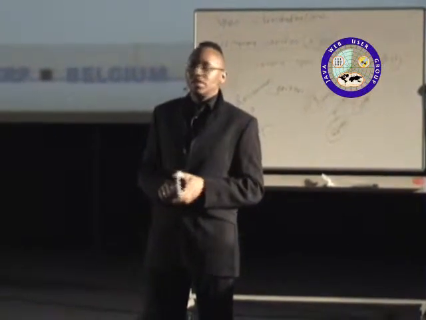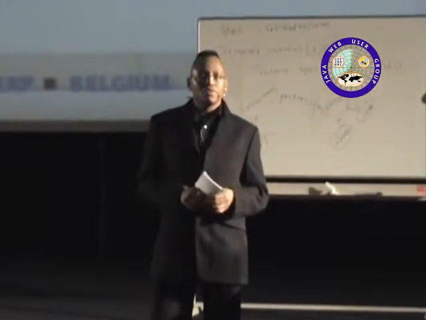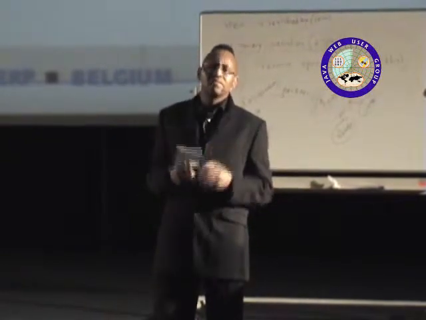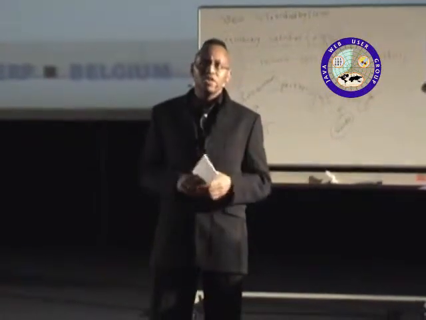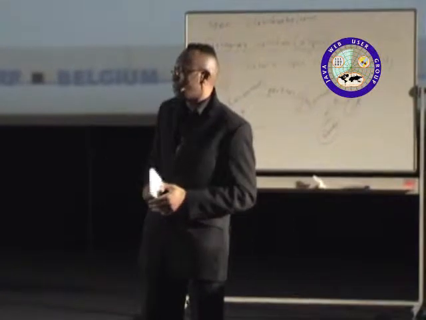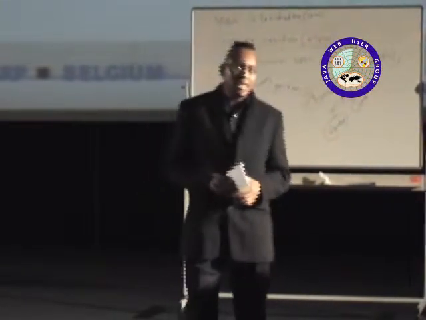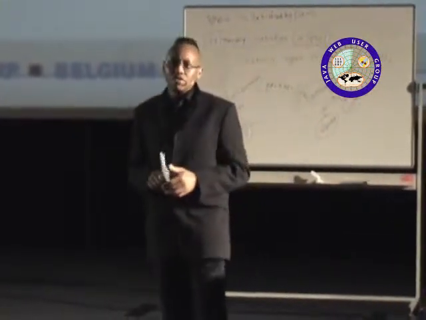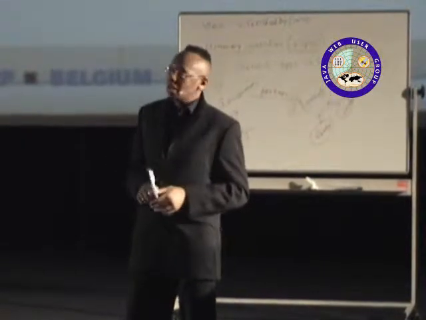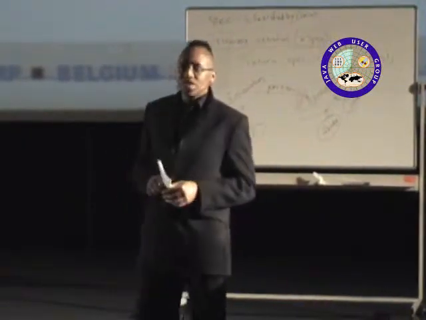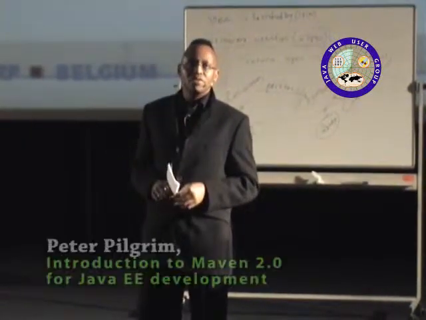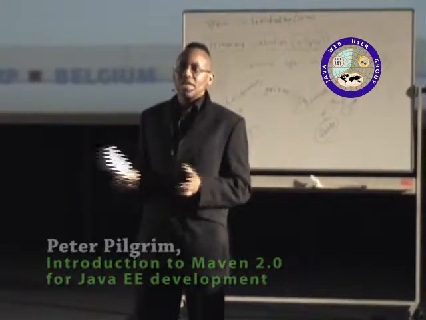The EJB plugin does support 3.0 and everything is in a state of flux. I've been told that Maven 2.0.5 is imminent with a range of plugins. So definitely Maven is the way to go if you want to avoid writing build.xml files.